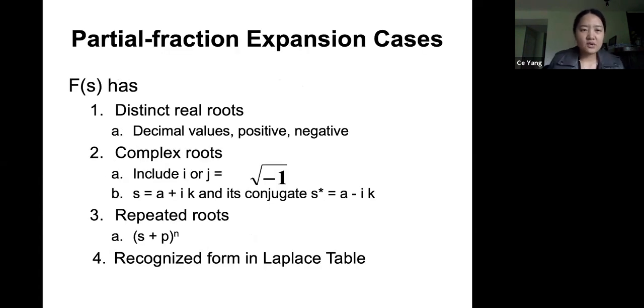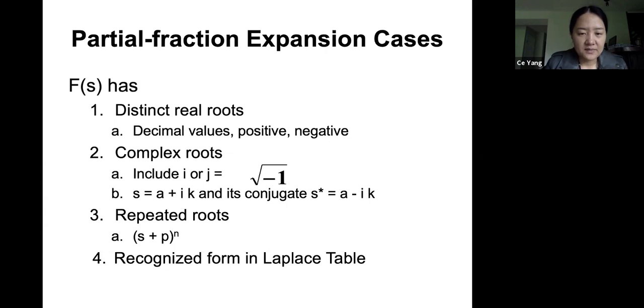And there are several cases when we do partial fraction expansion. First is distinct real roots, which means all the roots are real values, either positive or negative. We can also have complex roots, which include i or j, depending on the notation, which is the square root of -1.